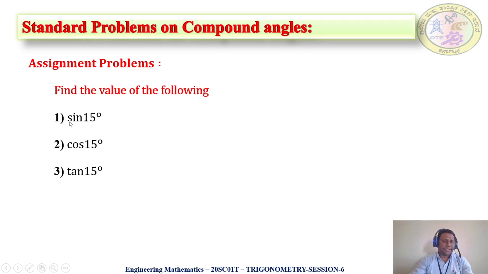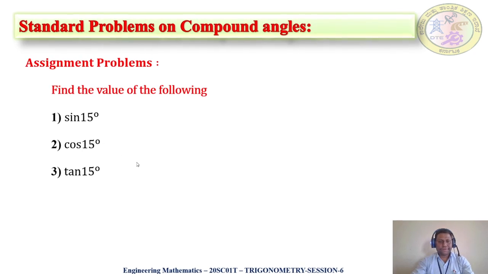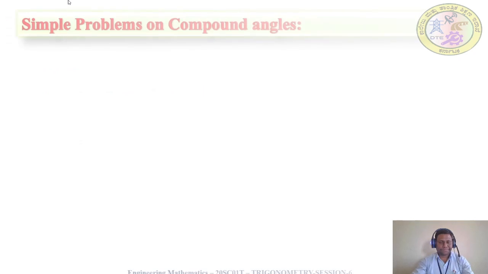So here we get sine of a minus b formula, here we get cos of a minus b formula, and here we get tan of a minus b formula. Just substitute the values, simplify as we did in the previous 3 problems, and we get the answers for these 3 problems: sine 15, cos 15 and tan 15.